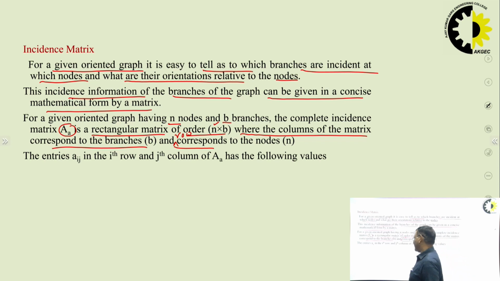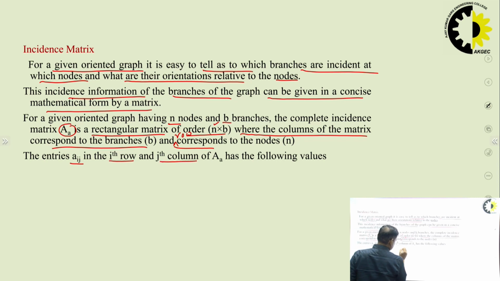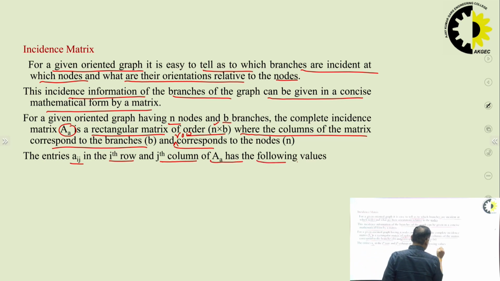Then what are the entries? Suppose this is the entry Aij, in the ith row and jth column of the complete incidence matrix. It has the following values.